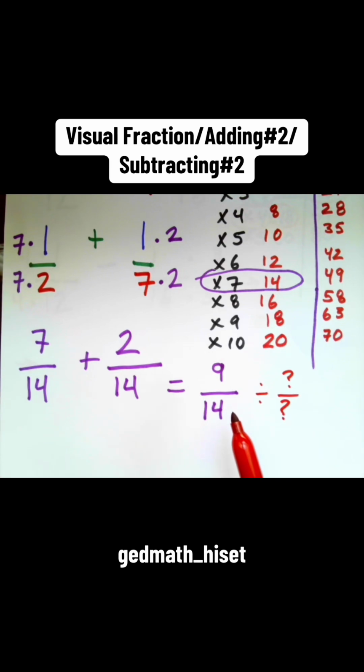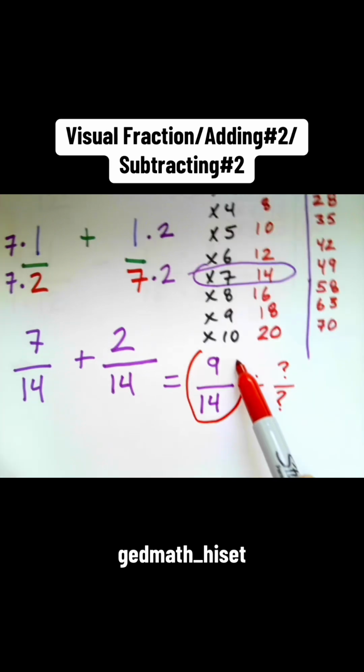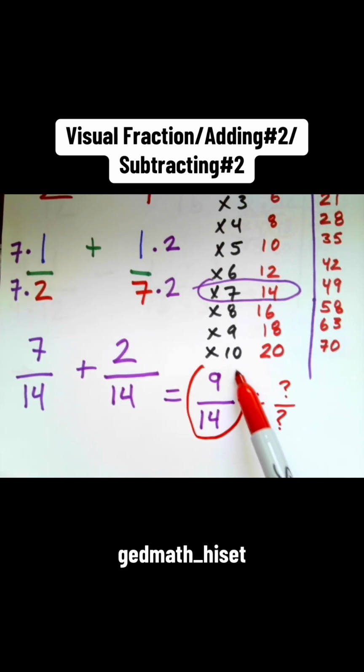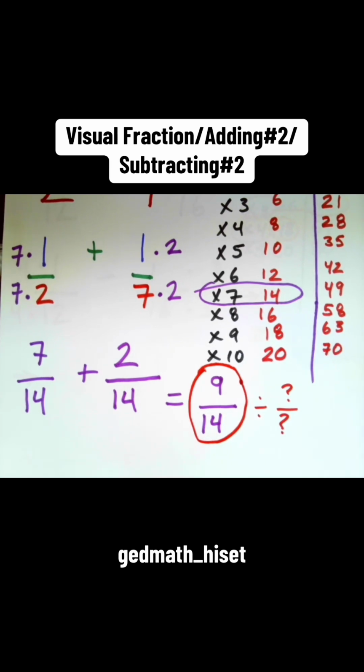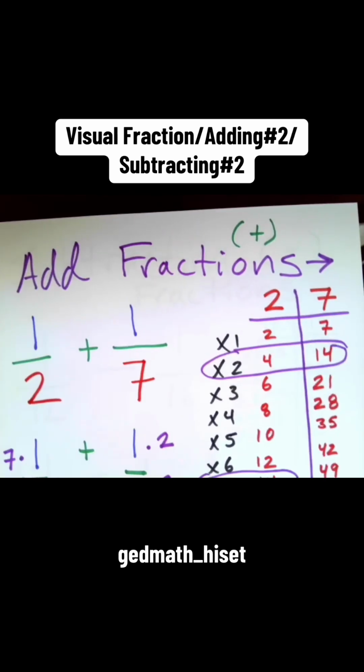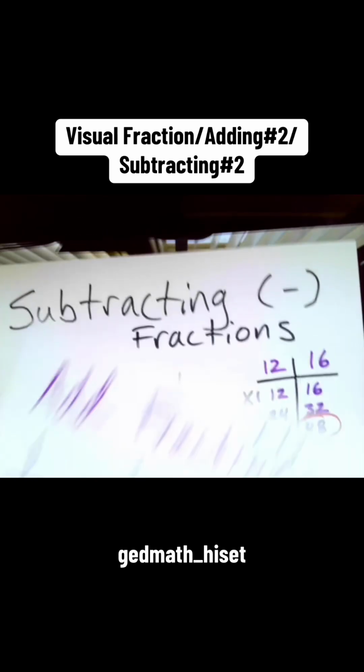I know 2 can divide into 14, but 2 cannot divide evenly into 9. So what are we looking at here? Since there's not a number that can be reduced into 9/14 evenly, top and bottom, we're looking at our final answer of 9/14.